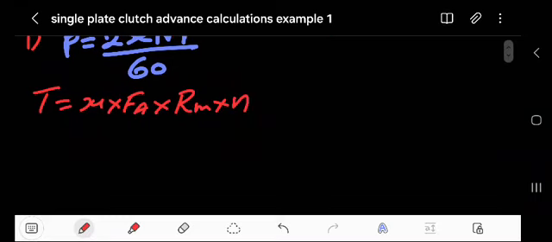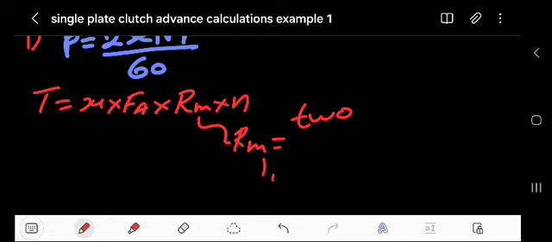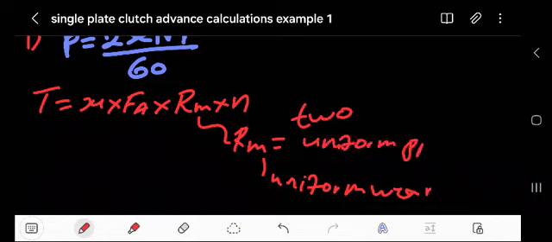So the problem will be here: Rm. We said it depends on the theories. Do not forget, we have two theories: uniform wear and uniform pressure theory.